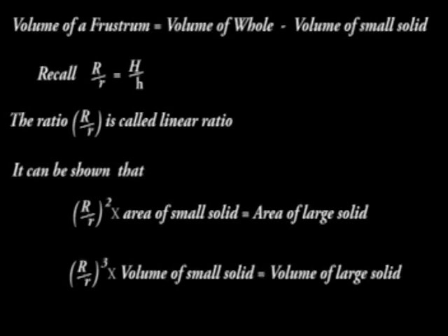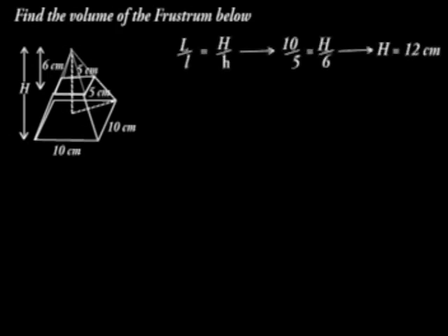For example, find the volume of the frustrum below. Again, we can extend it to form a complete pyramid. L over small l is equal to H over small h, and small h is 12 centimeters.